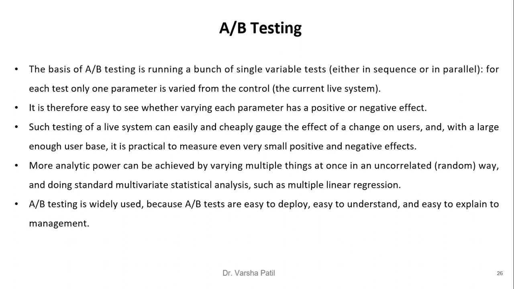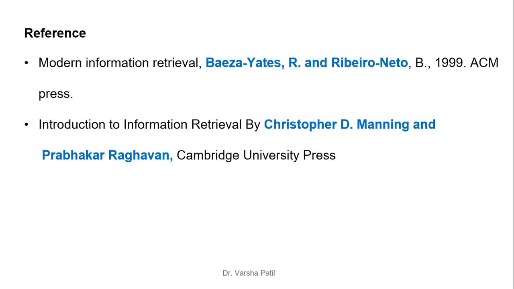After that, we will find out the change, that is, what users feel with the normal vector model and the modified vector model, and that is nothing but A/B testing. So this is all about the relevance assessment that is used for the evaluation of IR systems.